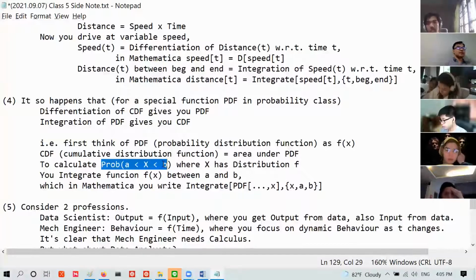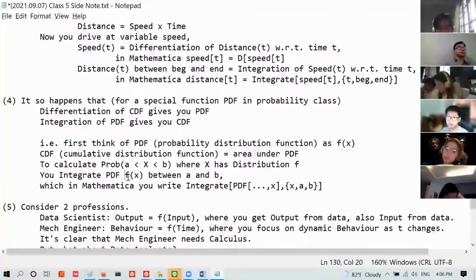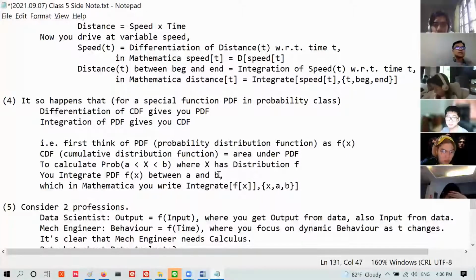So this thing is what you want, the probability of x, where x has distribution f, but in fact you calculate the PDF function. So you write this or f. Okay, but normally I should put something like this just to make sure that it has all kinds of parameters, because you can't just write some f, you have to write some parameter.